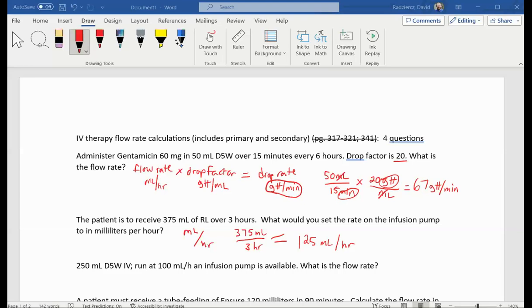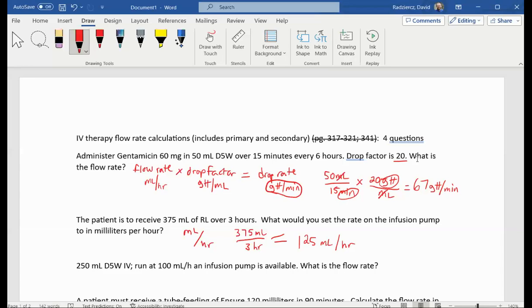I just got confused because I saw flow rate at the end, so I just assumed it was milliliters per hour. So you're right. That's the thing you have to pay attention to, because it says, what is the flow rate? And that might be a way that this question is tricky. Looking at the context of everything, it gives you a drop factor, so most likely they're asking you for the drop rate.